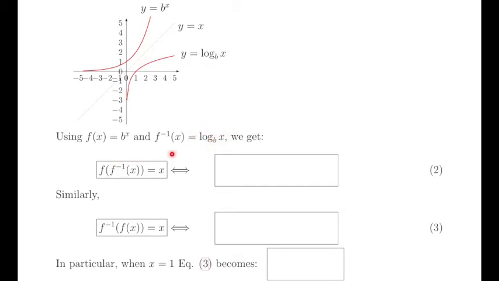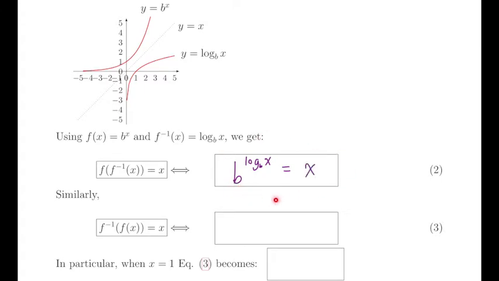So this becomes the input of your function f. Everywhere you see x here, you're going to plug in f inverse of x, which is log base b of x. So you get b to the power of log base b of x. And that's equal to x according to that equation.